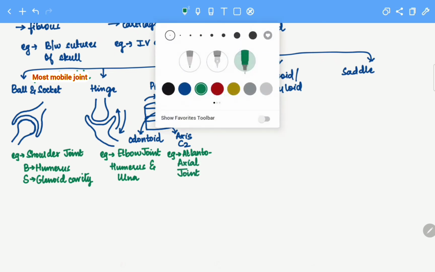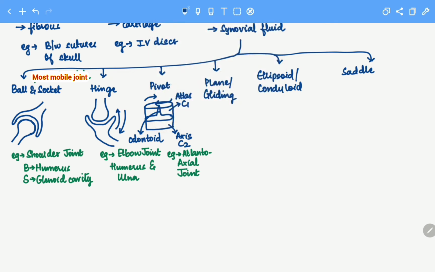Then next we have the plane or the gliding joint. A plane or a gliding joint has two plane surfaces that move against one another. So I'll just draw a plane or a gliding joint. The joint that I'm drawing here is between the radius and the ulna. So this distal radio-ulnar joint is called a plane or a gliding joint.